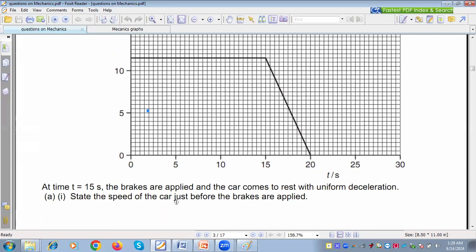So state the speed of the car just before the brakes are applied. You have to read it from here. And what is that speed? That is this one, 10, 11.5 meters per second.